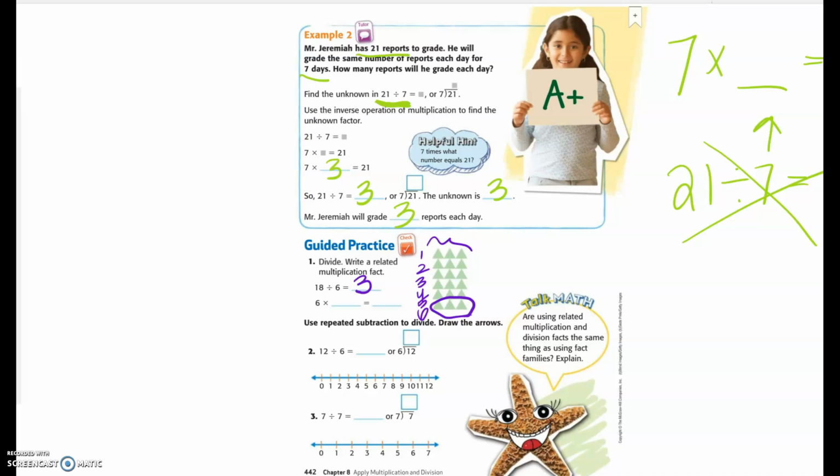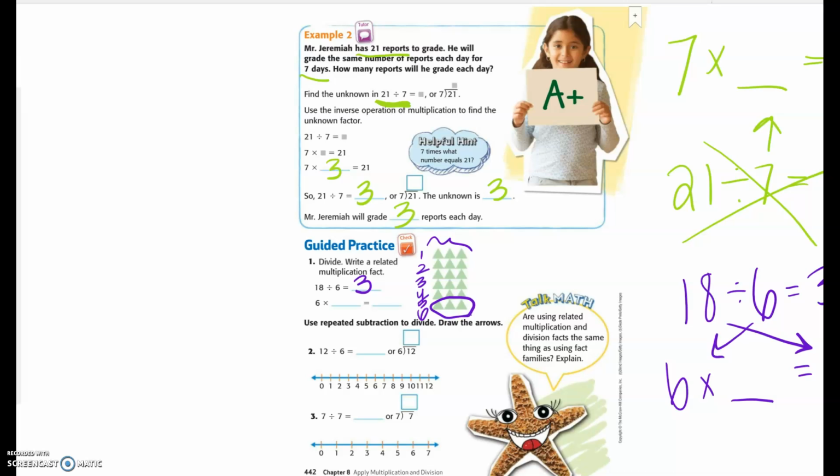Now, let's write a related multiplication fact. Remember, if we do the inverse operation, which just means the opposite, we can only use the same 3 numbers. So here is our division. Let's move some numbers around to make it into multiplication. 6 times an unknown number is going to give us 18.